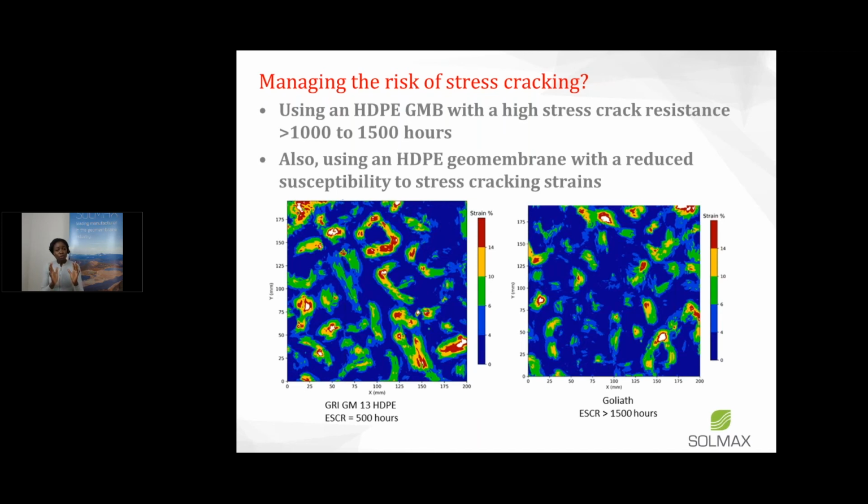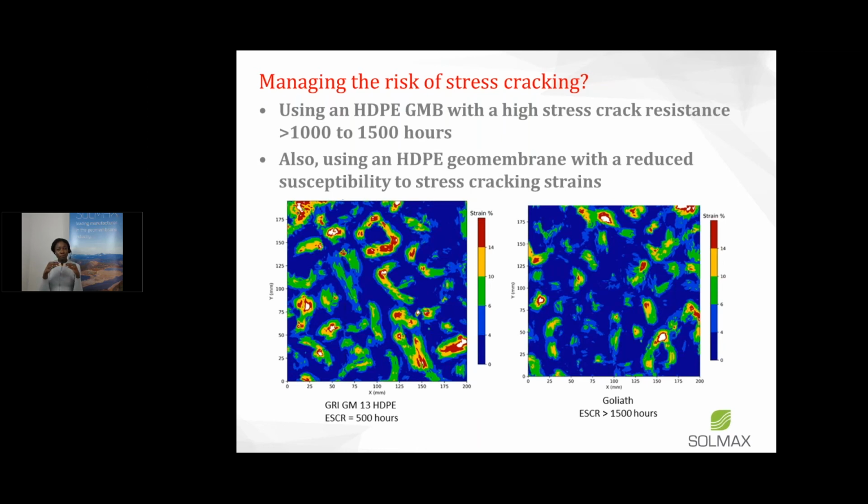So what we found with both materials was that the HDP geomembrane that just meets the GRIGM spec with mechanical properties and everything else actually had more percentage area exceeding potential stress cracking strains. So on the screen there, where you have blue, it is lesser strain, and as the colors get lighter, you have more strain concentration.